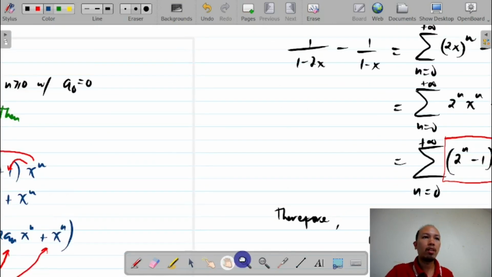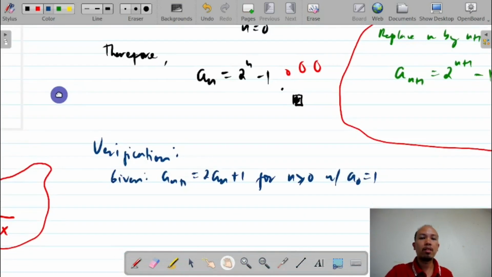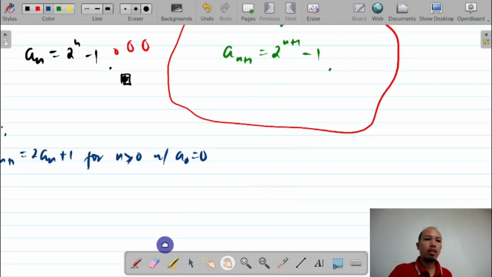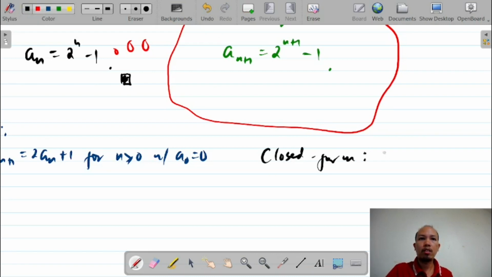Am I right? Okay, 0. And the closed form is this one here. Let's try another color. This is our closed form: a sub n plus 1 is equal to 2 to the n plus 1 minus 1.